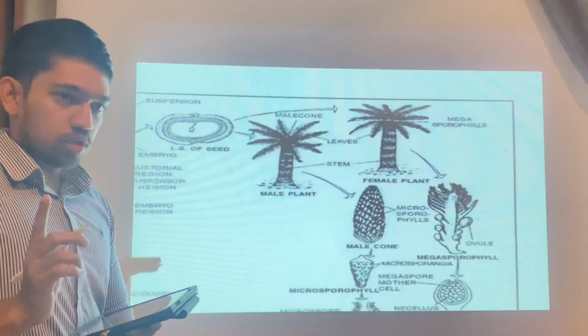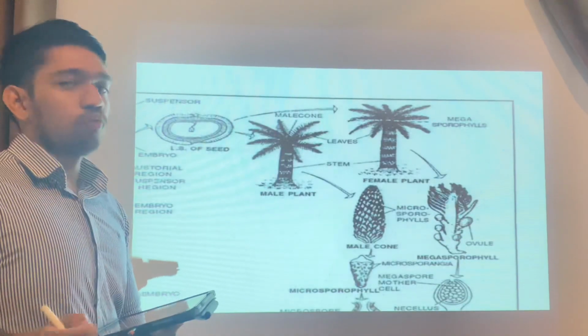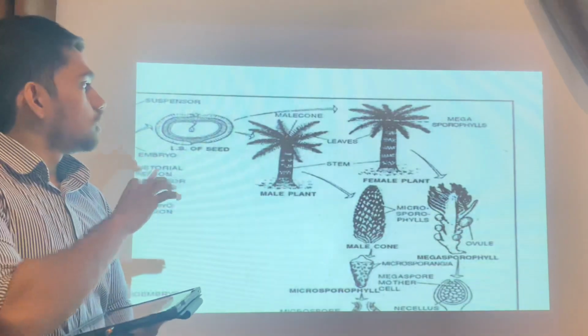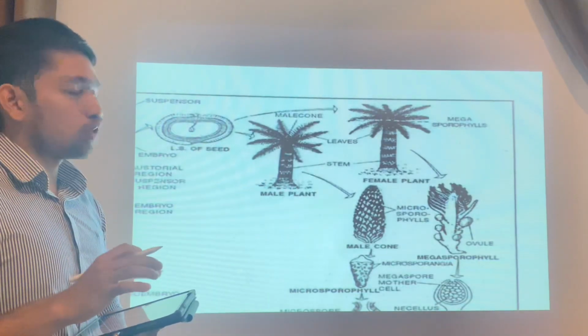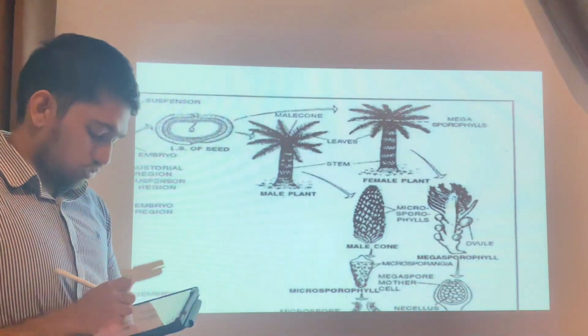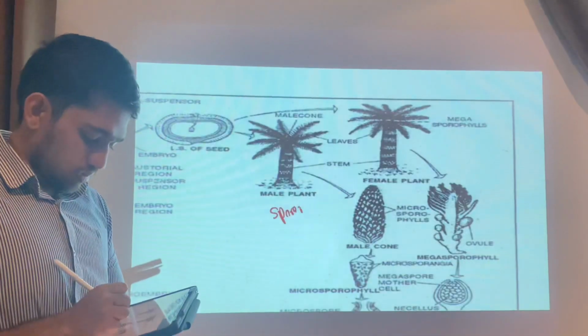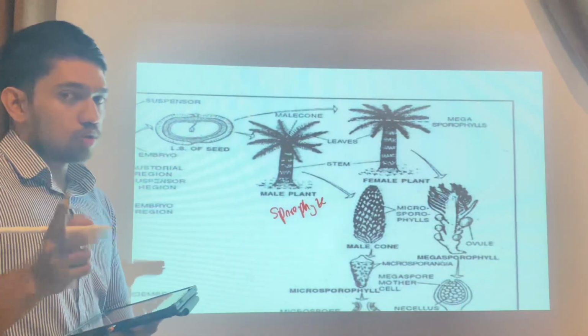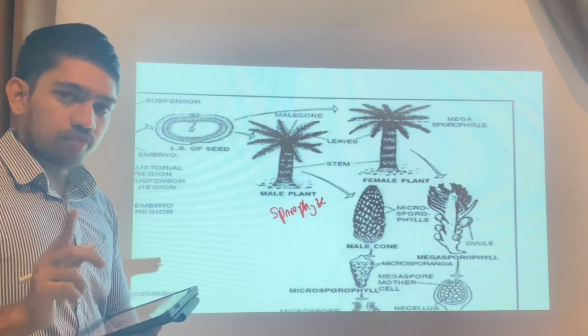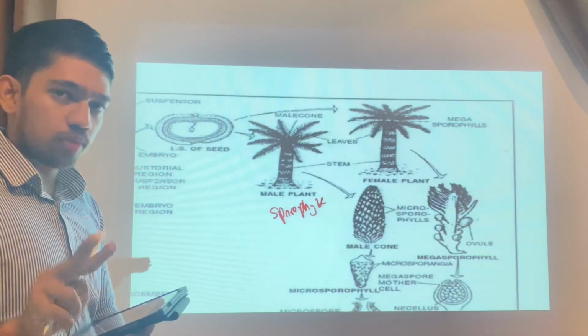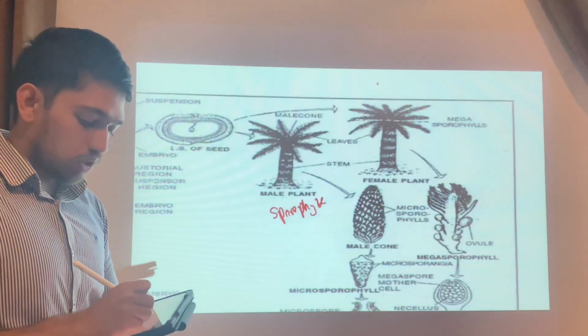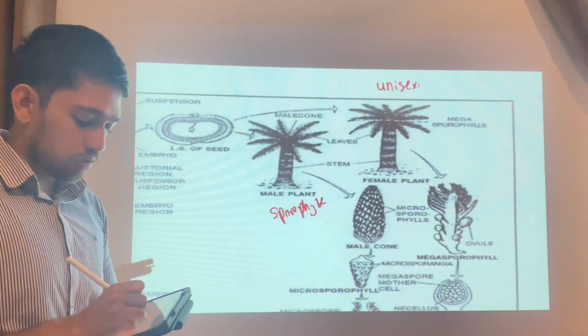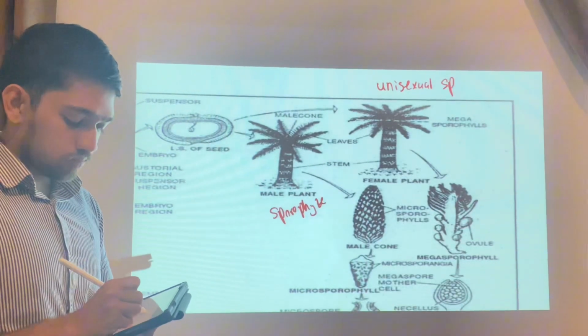The evolutionary trend is for the sporophyte to become dominant, so these big plants will definitely have to be sporophytes. There's a male sporophyte and a female sporophyte. If it has two separate male and female plants, it is a unisexual sporophyte.